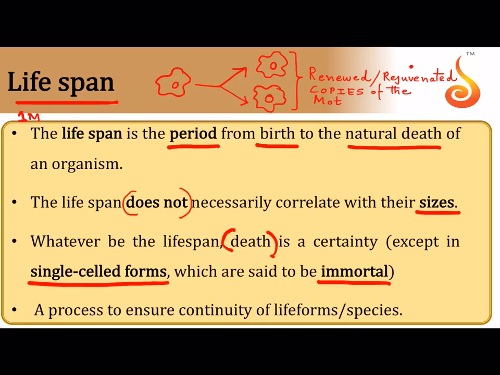Okay, so it is as if the mother cell is still living. Where is it living? It is living through its daughter cells. So we can say that the daughter cells are the renewed or rejuvenated copies of the mother cell, or the mother cell is living through her daughters, and therefore we can say that such single celled cells which divide into daughter cells can be considered as immortal.